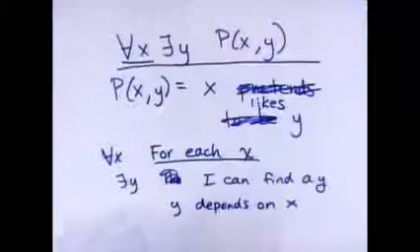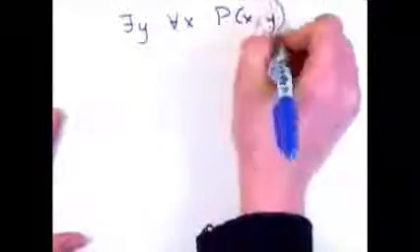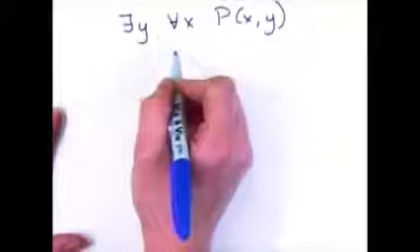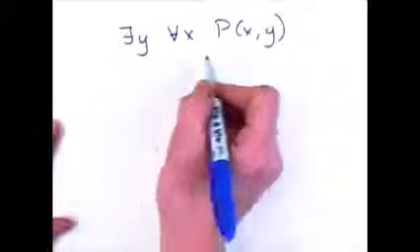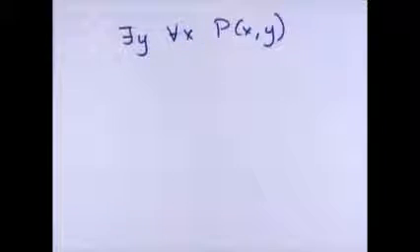Now let's reverse the order and see what it means. If I say there exists a y for all x, p of xy, then this says I can find a person y so that for every person x, x likes y. How many y's are there? At least one. There could be more than one that everybody likes, but let's just talk about one. No matter who x is, that same y is going to work for the statement.